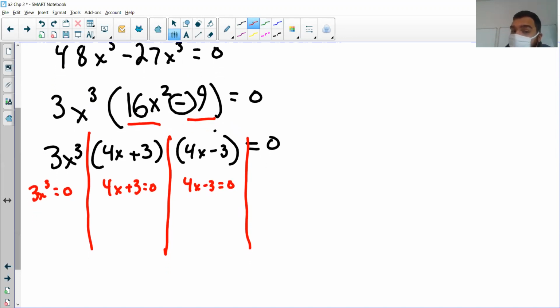Because we cannot reduce it anymore, I'm now cutting it into the pieces and setting each part equal to 0, which is why in the beginning it's important to equal 0. You cannot make it equal 10, 100, or equal 2. It has to be equal 0. Because you have to tell me what is the x value. What number can I plug in to make it 0?